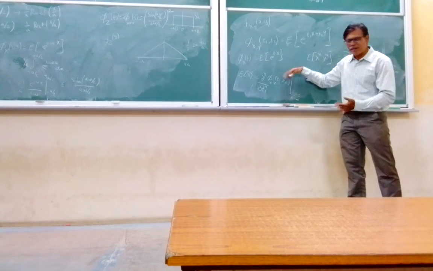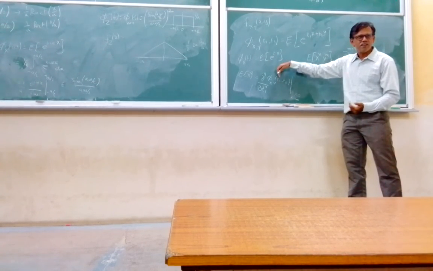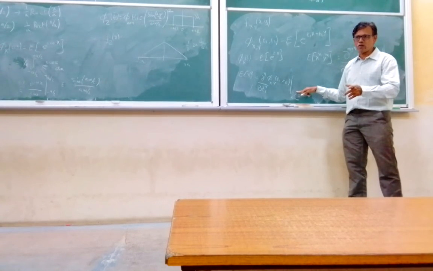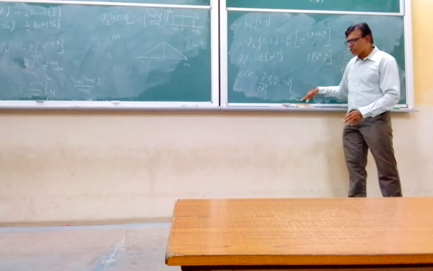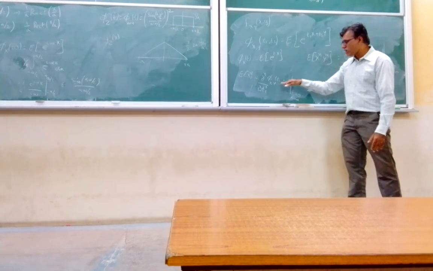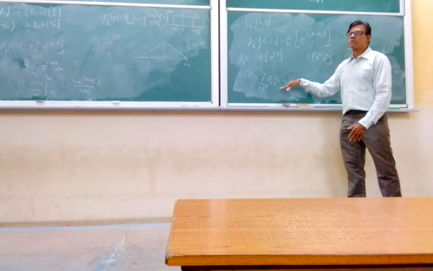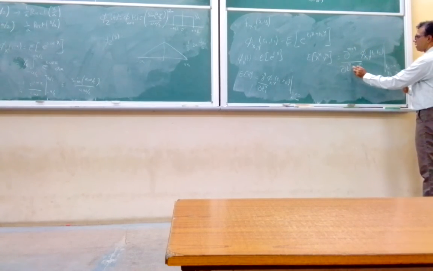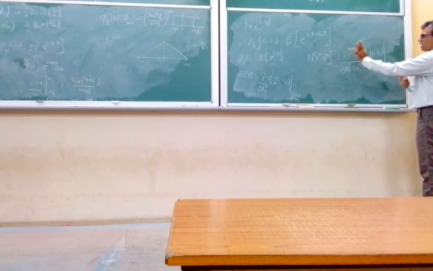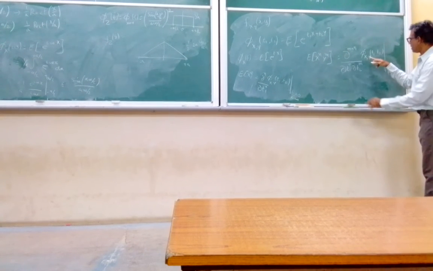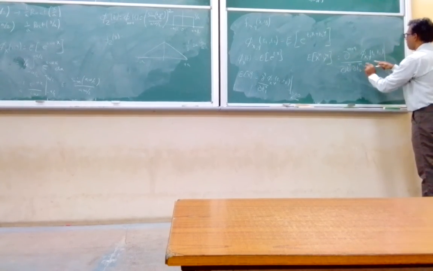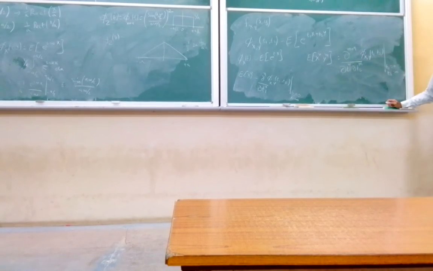So if you don't want t2, you want only t1, after differentiation you simply put t2 equal to 0, and t2 will go away. Otherwise it will be a function of t2. So here, this is what you have to do. M plus n, this can be done anyway. This x power n gives t1 power n, y power m gives t2 power m. If you do this, you will get this. This is how the joint MGF can be derived.